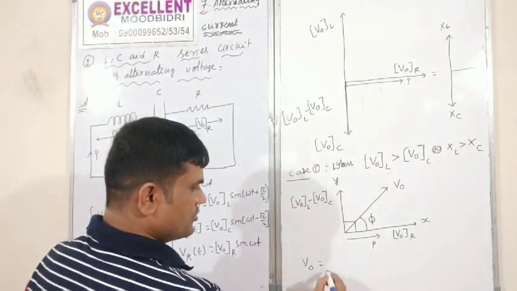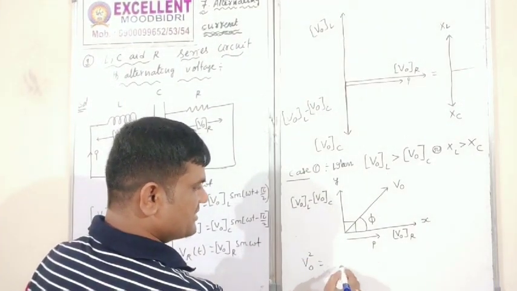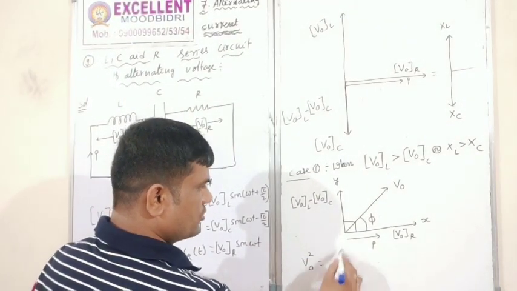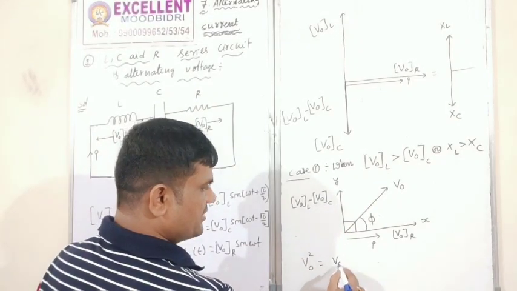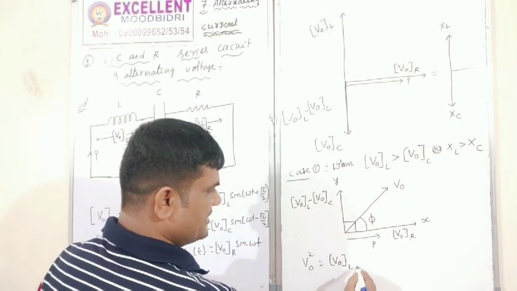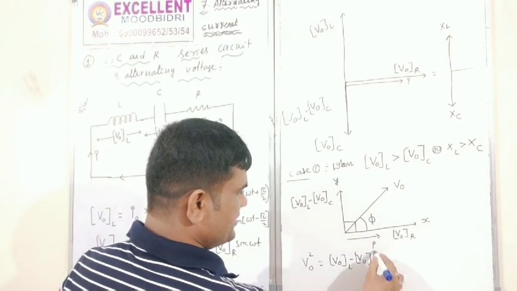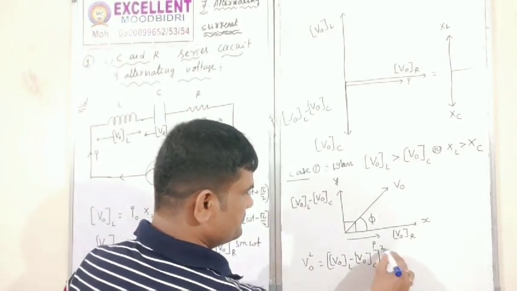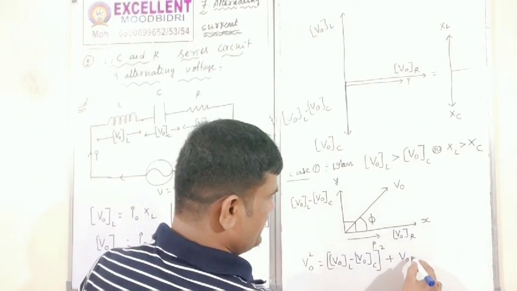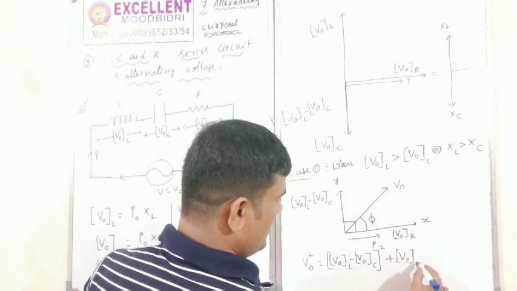Or else, okay, you can put it, no problem. Then what happened here? So V naught L minus V naught C whole square plus V naught R square.